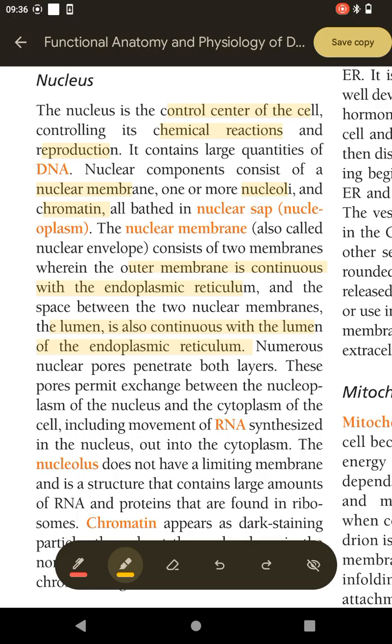Nuclear pores penetrate both layers. The nuclear pores present on the nuclear envelope penetrate both layers because they act as the path for the transport of materials between the cytoplasm and nucleoplasm. The pores permit exchange between the nucleoplasm and the cytoplasm of the cell, including movement of RNA synthesized in the nucleus out into the cytoplasm.